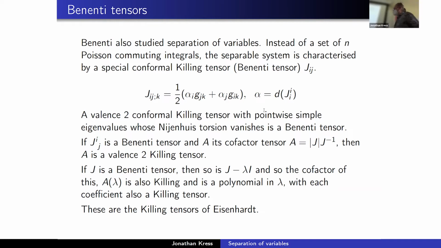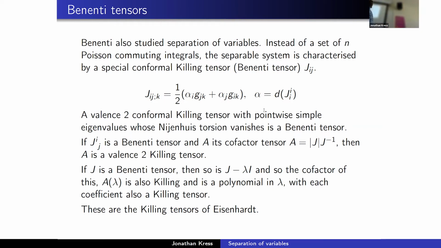I think he did not call it a Benenti tensor. He called it an L tensor after Levi-Civita, I think. But since then, other people have called it a Benenti tensor. It satisfies an equation which looks remarkably like the Killing equation, or similar. Actually, it looks like the conformal Killing equation, except there's no symmetrization. So it's often called a special conformal Killing tensor.